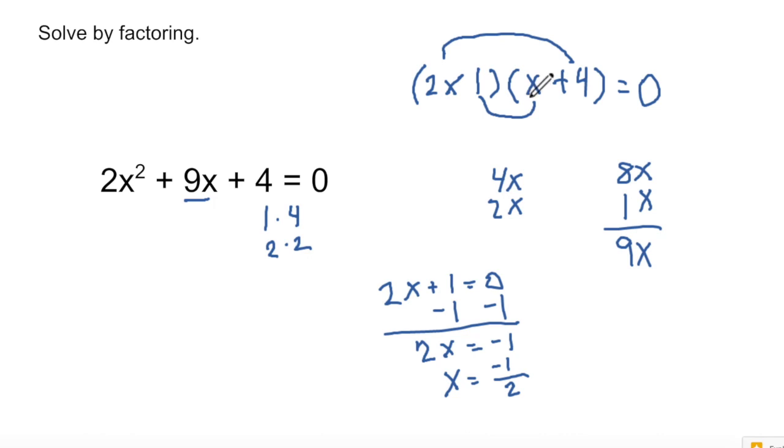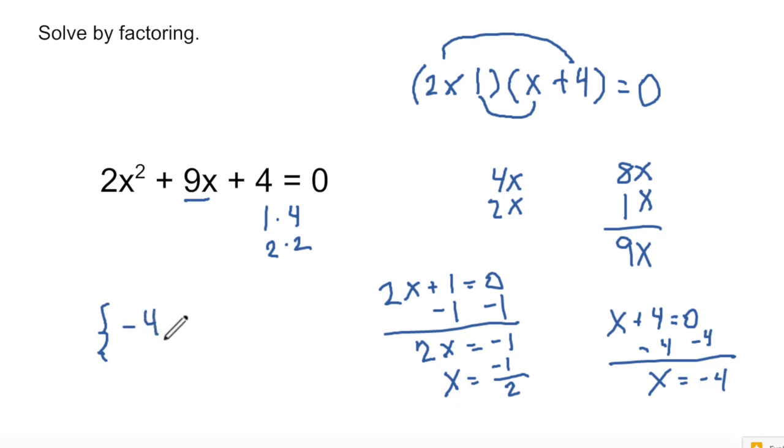And then our other answer is x plus 4 equals 0. And we just subtract 4 on both sides. We get x equals negative 4. So our solution set is going to look, let's write it over here, we can fit it, negative 4, comma, negative 1/2.